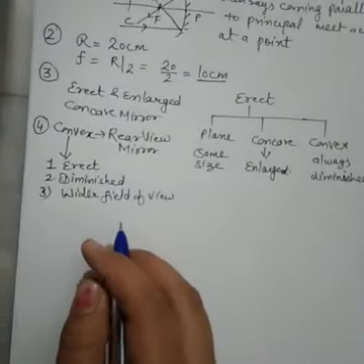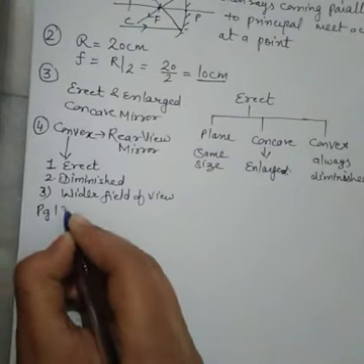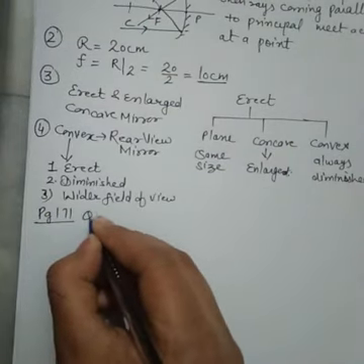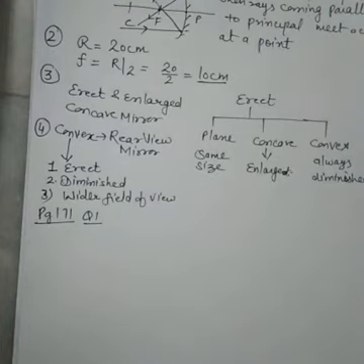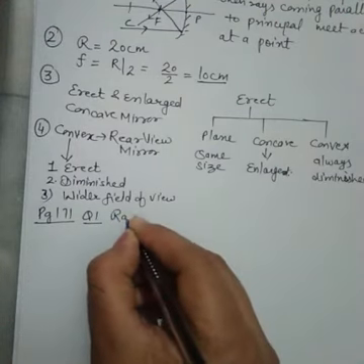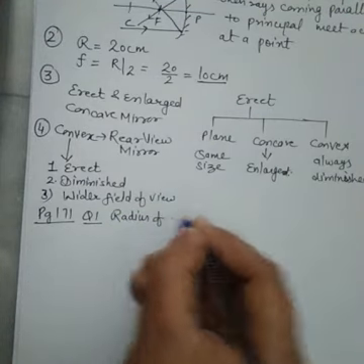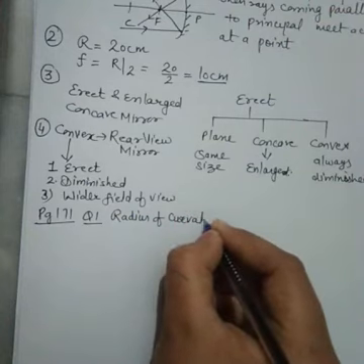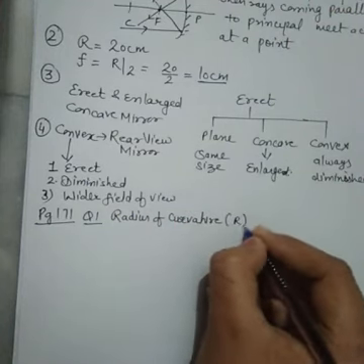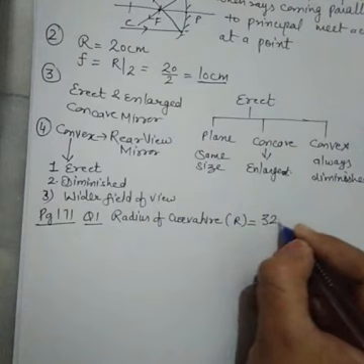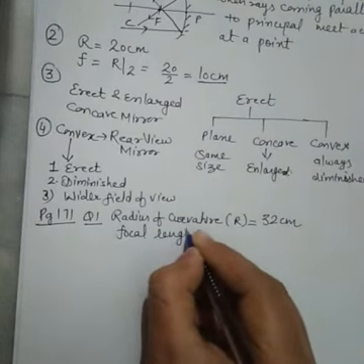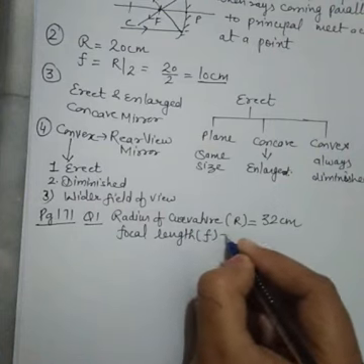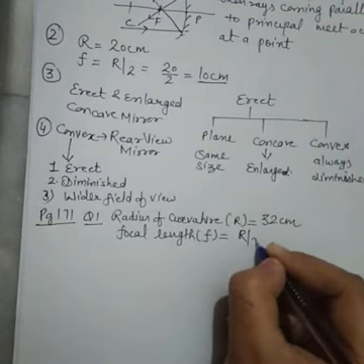Now let's start page number 171, question number 1. Again we are given the radius of curvature, denoted by r, and its value is 32 centimeter. We have to find out its focal length. What is the formula for focal length? f is equal to r by 2.